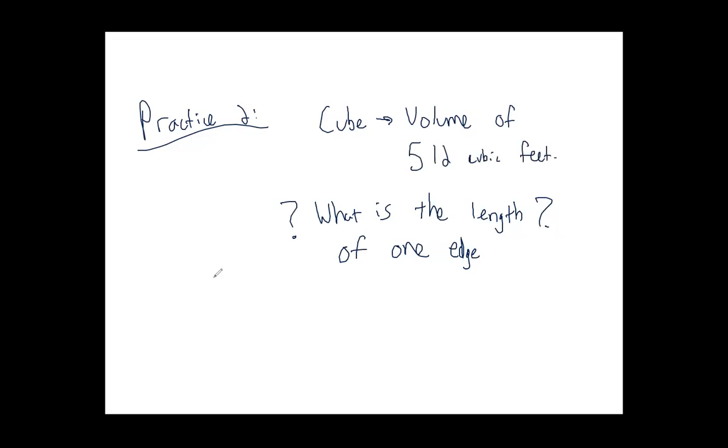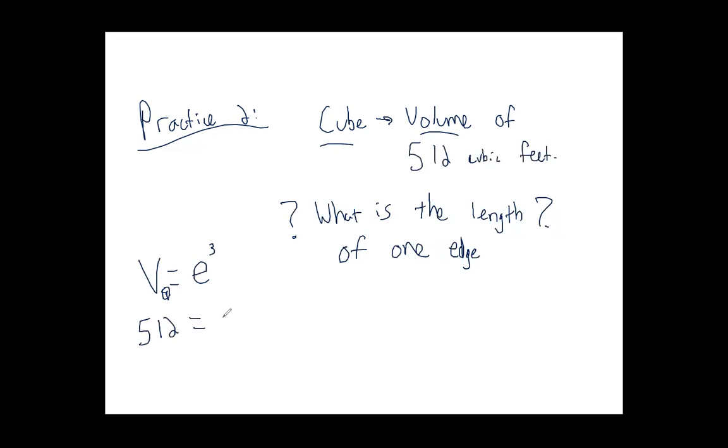So we go back to our formula. Because if they give us the volume, we're going to use the volume formula. For a cube, we use volume equals edge to the third power. We know the volume, they told us the volume of our cube, and that was 512.